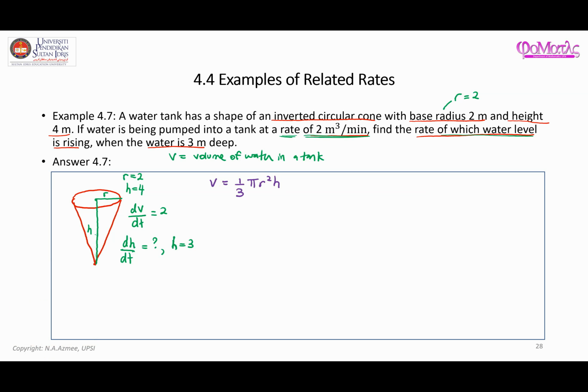So this is the volume of a circular cone. And we have a problem here, because V depends on r and h. r is the radius of the water, the volume here. So the radius depends on time t. Height also depends on time t.